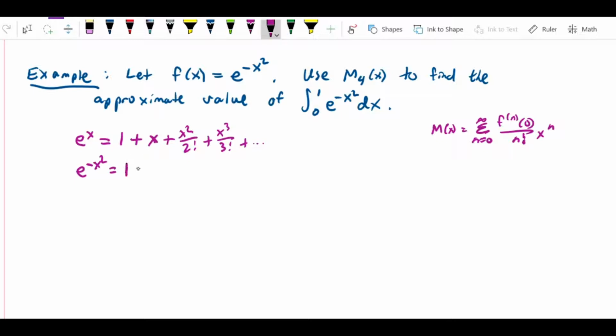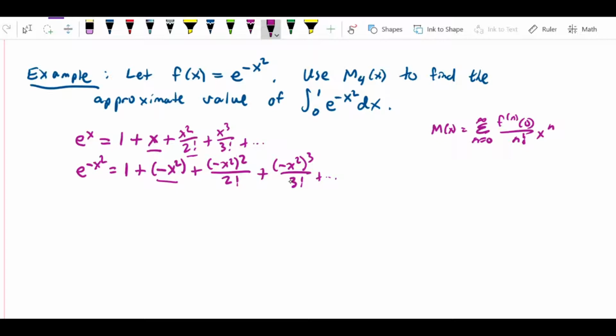So that's going to be 1 plus negative x squared, I'm replacing that x with negative x squared, plus negative x squared squared over 2 factorial, I did the replacement in that term, plus negative x squared cubed over 3 factorial. It turns out I'm not going to need that last term, but I'll just write it in there because it's there.